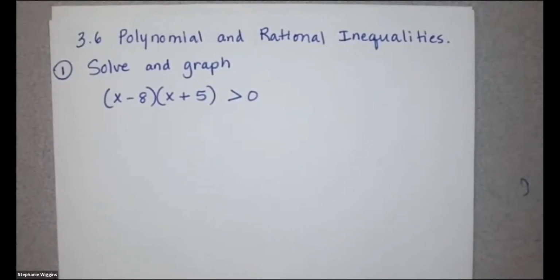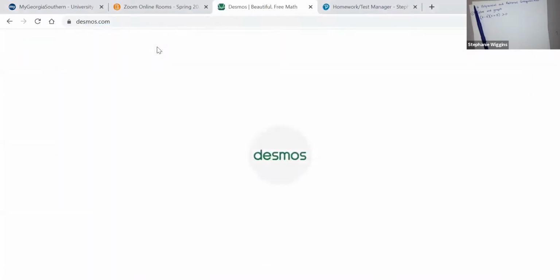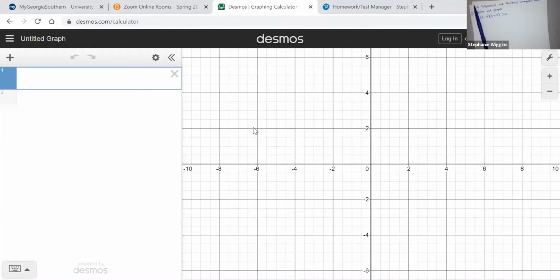So going to Desmos, I type in the function.